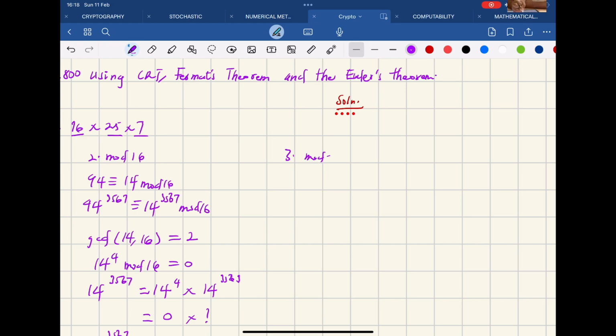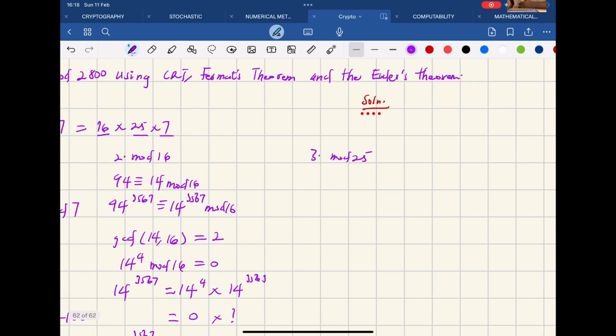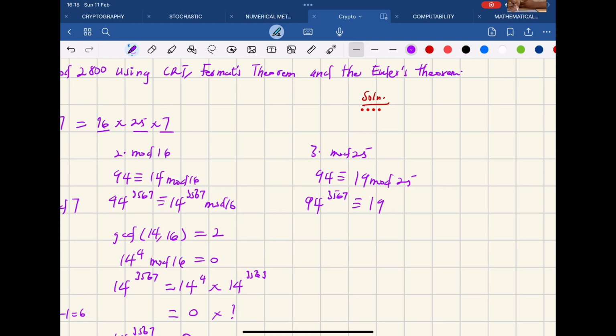Now let's consider the third case, which is mod 25. In mod 25, let's write 94 in terms of that, and we get 19 mod 25. So 94 exponent 3567 is congruent to 19 exponent 3567 mod 25.